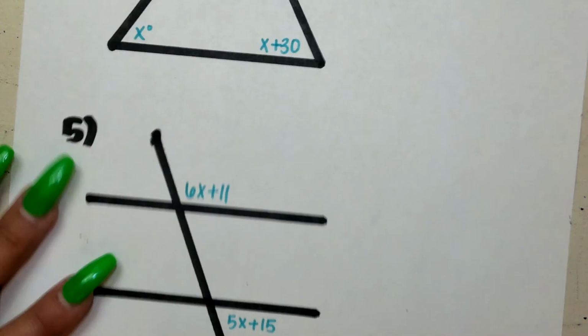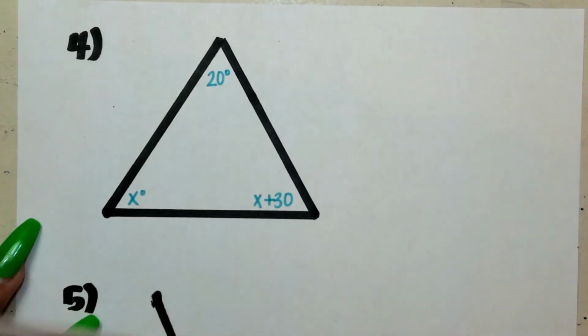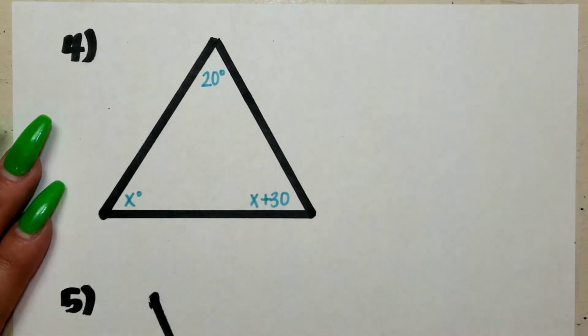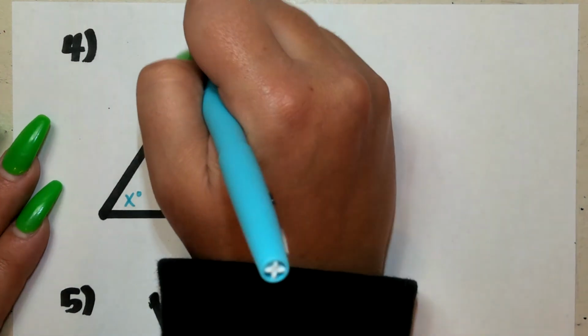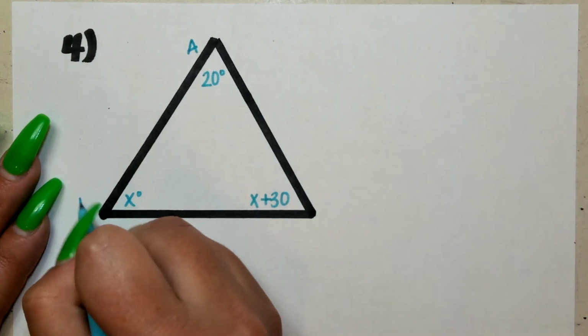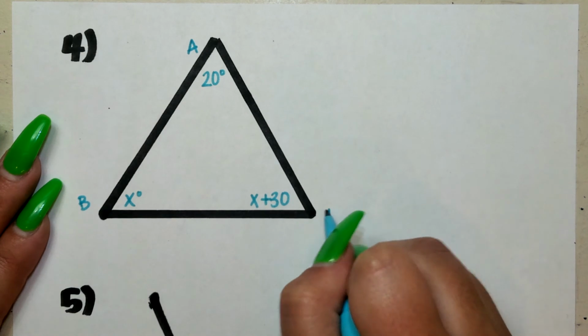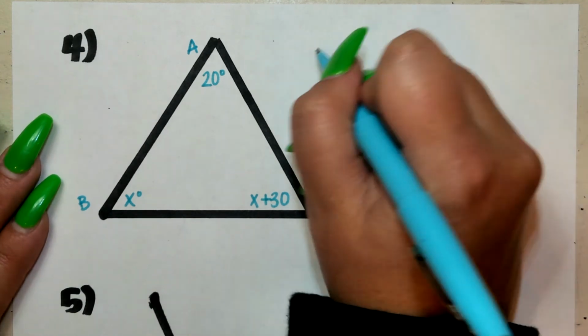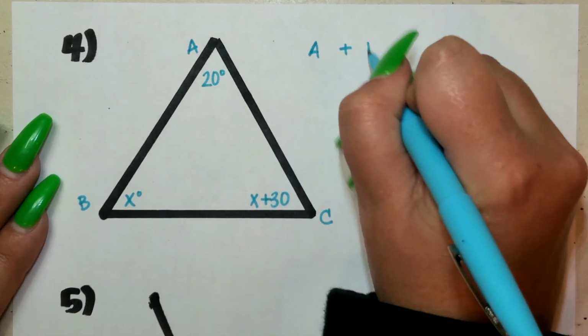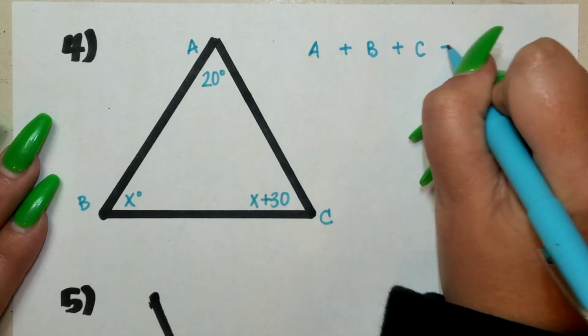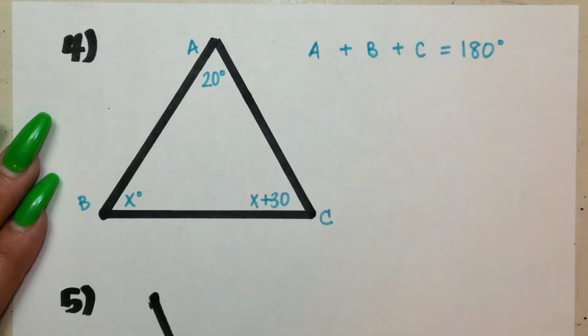Let's move on to example number 4. Number 4, we just have a triangle. There is no extended line. So first, I'm going to label my angles. I have angle A, angle B, and angle C. I know that all 3 angles added together is equal to 180.